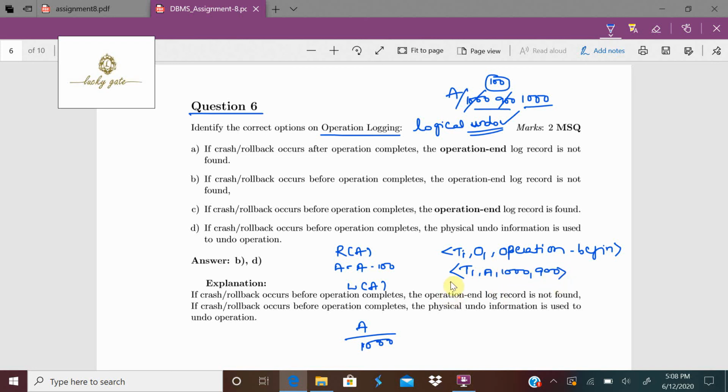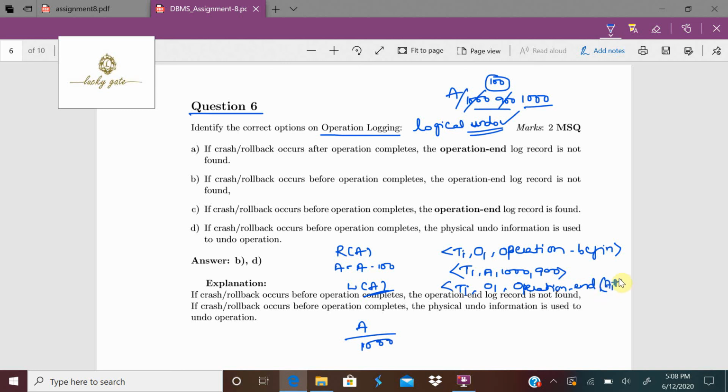After this, the operation is completed because the update is completed. So it writes one more operation log, T1, operation 1 completed. We can say operation end, and it requires adding the logical undo information to the log records. Here the logical undo information is that the value of A is to be added with 100.